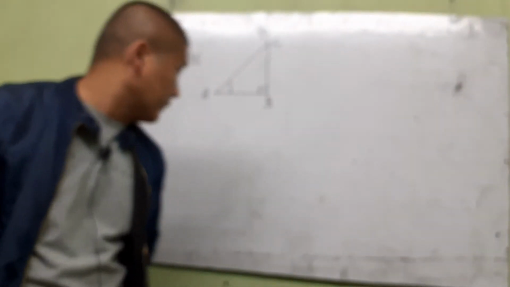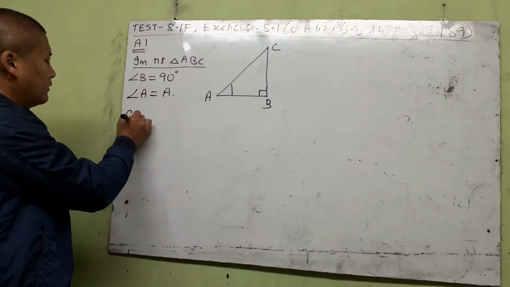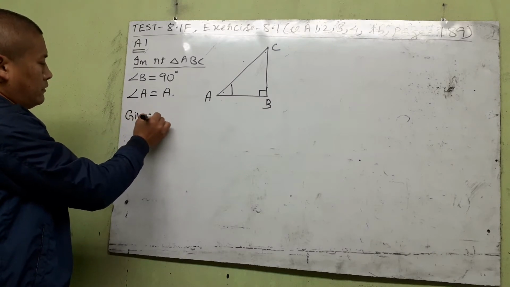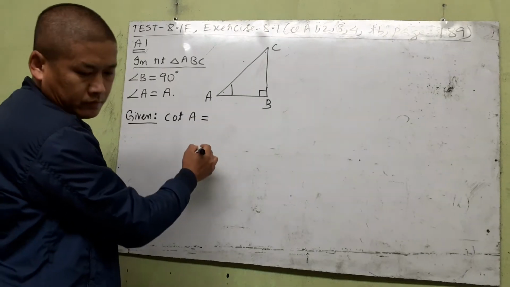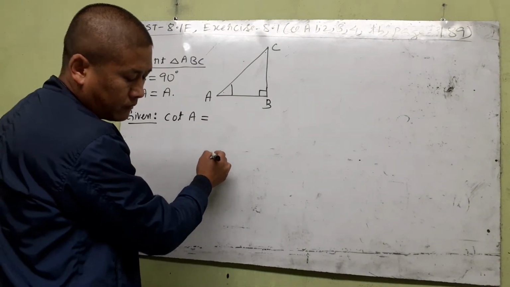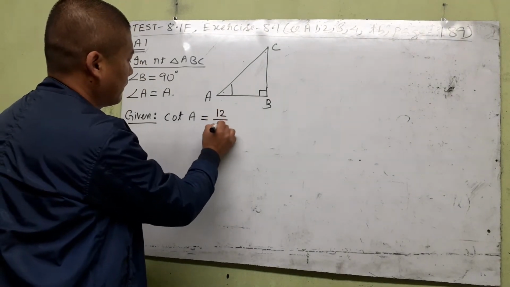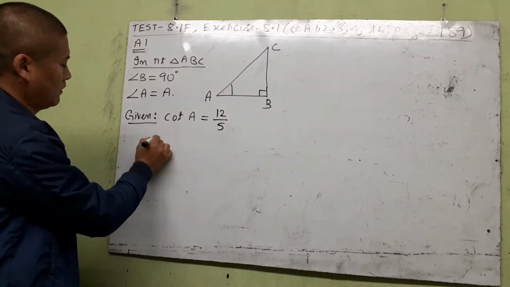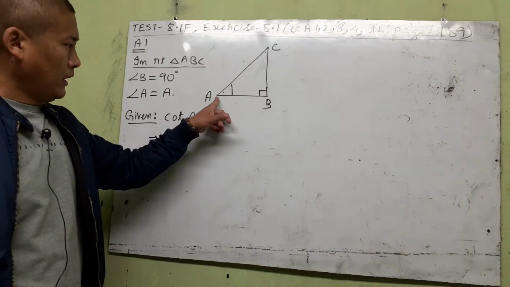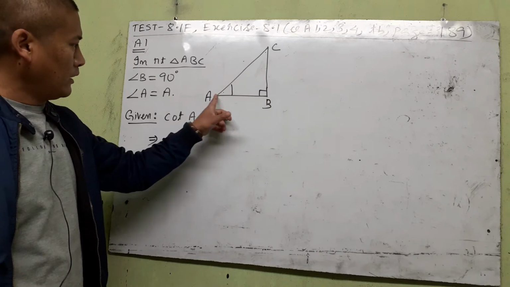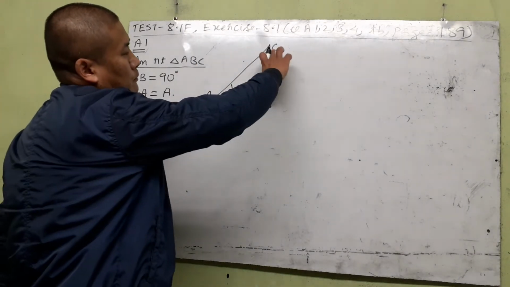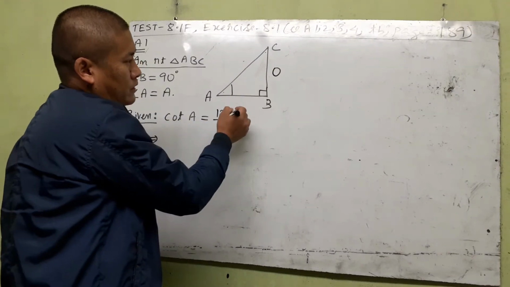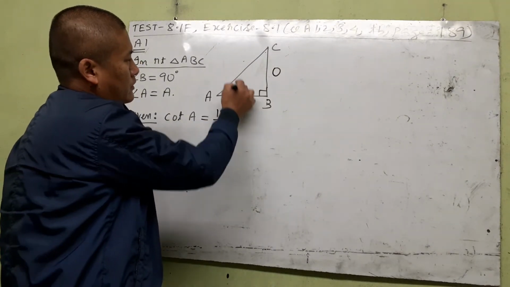So given to us here, the value given is cot A equal to 12 divided by 5. Now the two arms of the angle A are AB and AC. So the one which is not the arm, which is BC, is the opposite side. This is the adjacent.